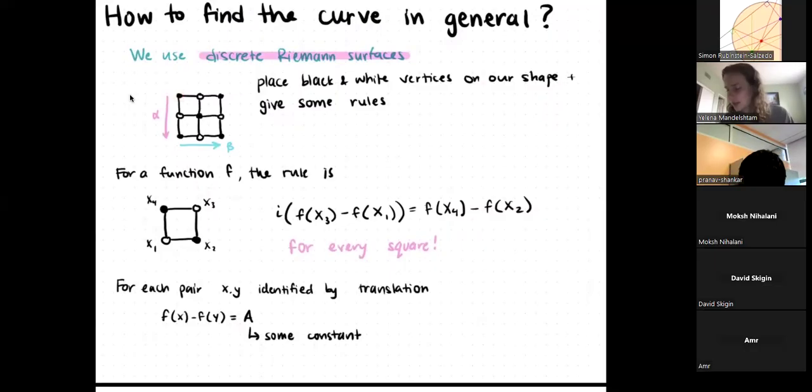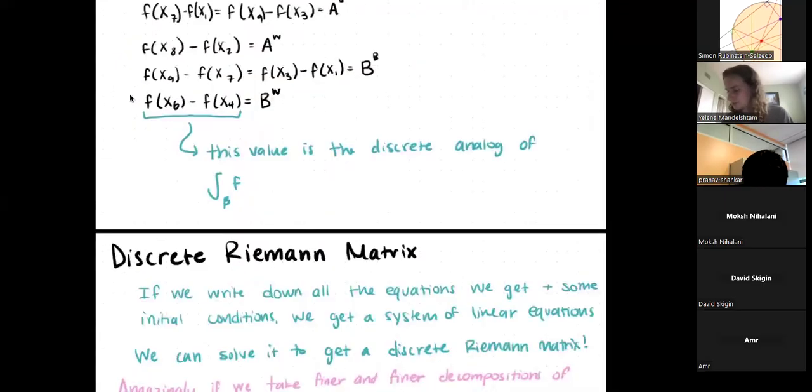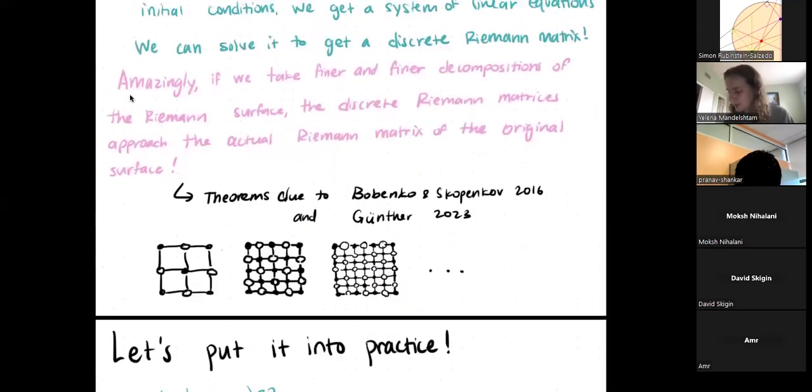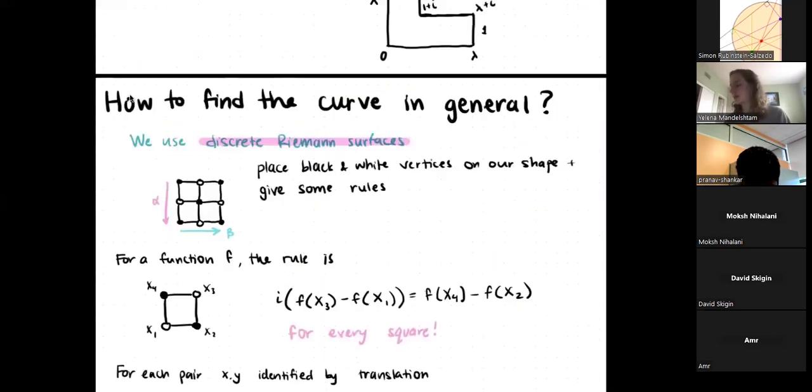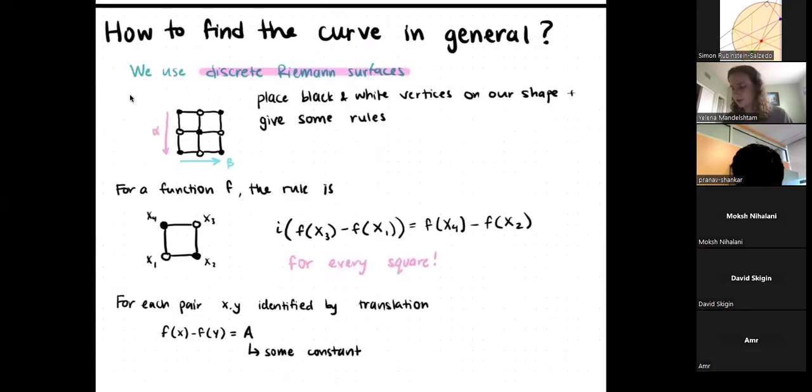So what that looks like is, if I started off with a square, I can then put a bunch of black points and white points on it. And then I have some rules that have to be followed on the surface.